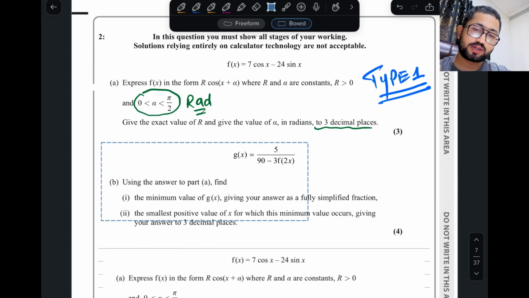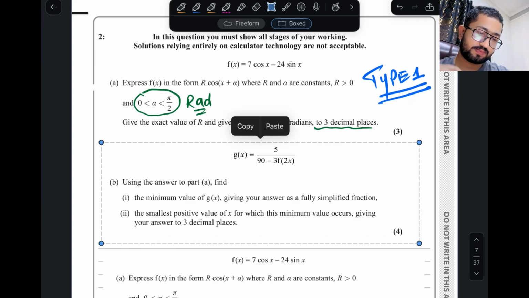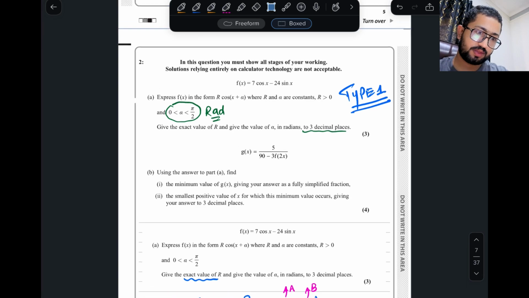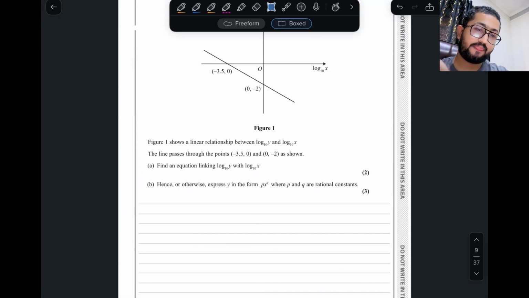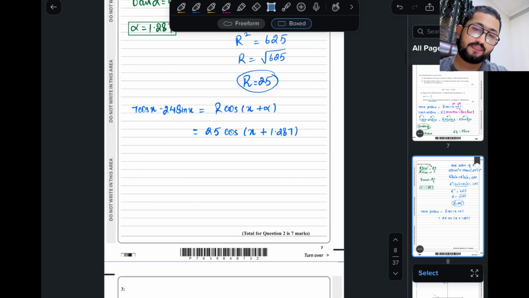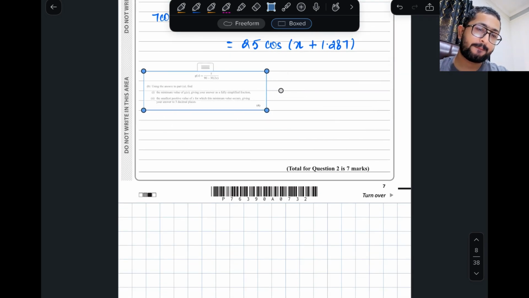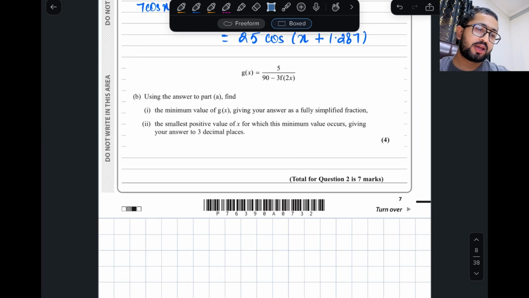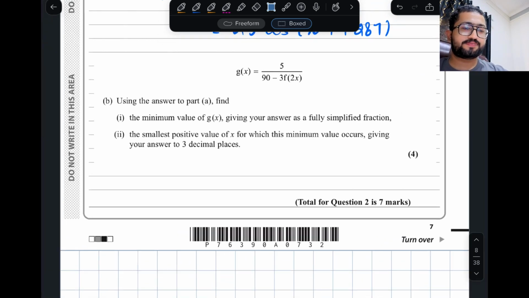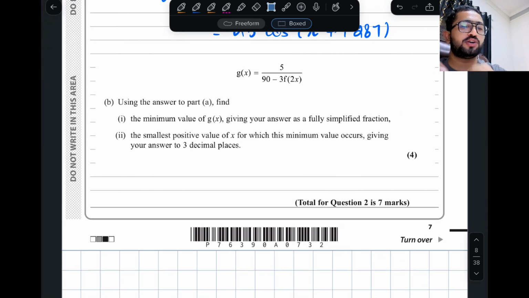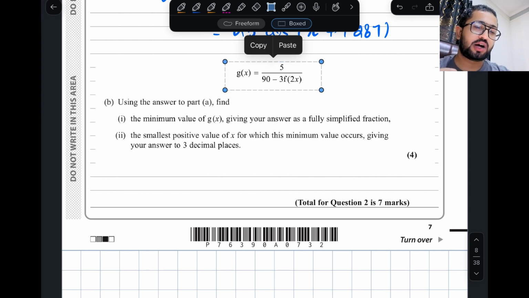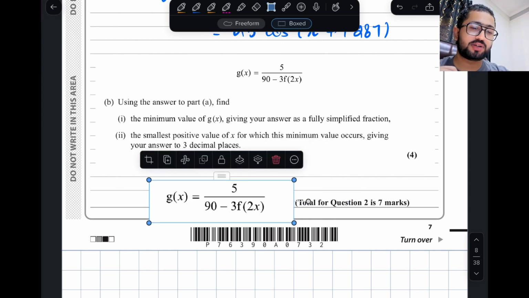Alright, so let's move forward to talk about another question. Using the answer of part A, find the minimum of the g of x function. How to find the minimum of g of x, bacha?